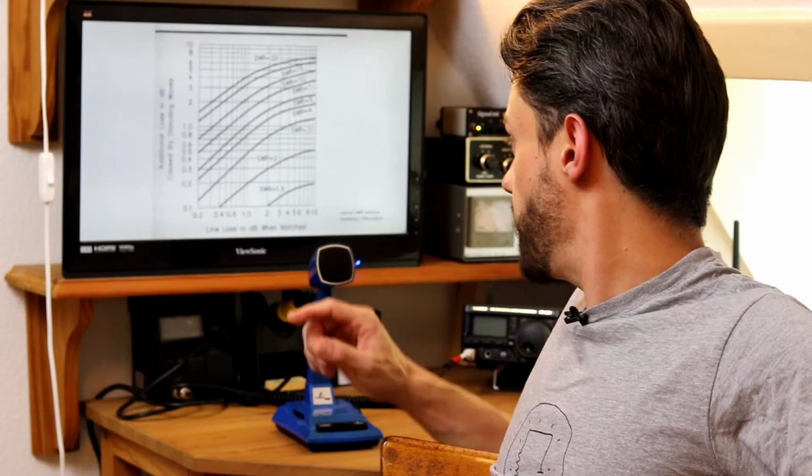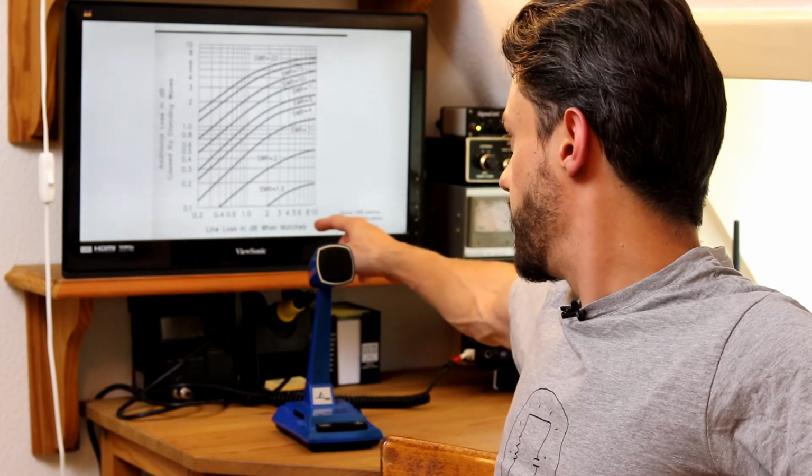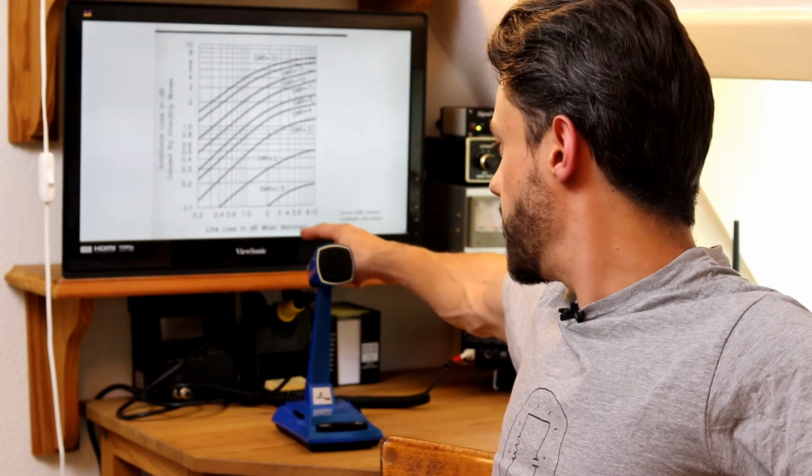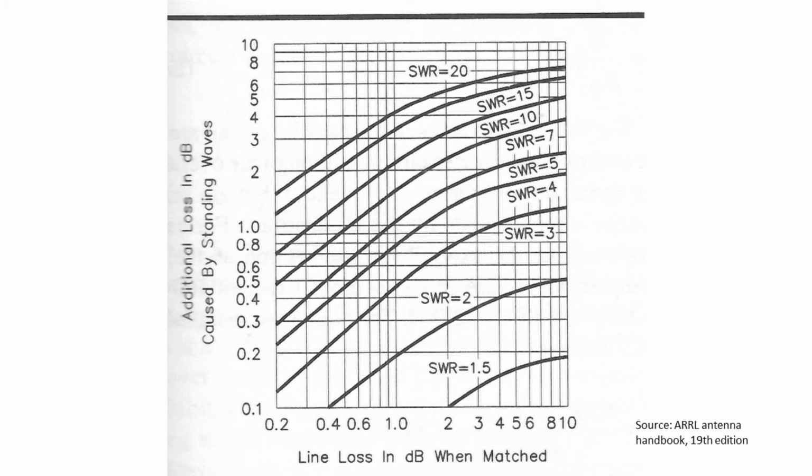So what we can see, for example, if we have a line loss in dB when matched, that is the regular line loss of the coax we use, of let's say 3 dB, and we have an SWR of 2 to 1, then we have to deal with an additional line loss of 0.3 to 0.4. So that's really minuscule, right?